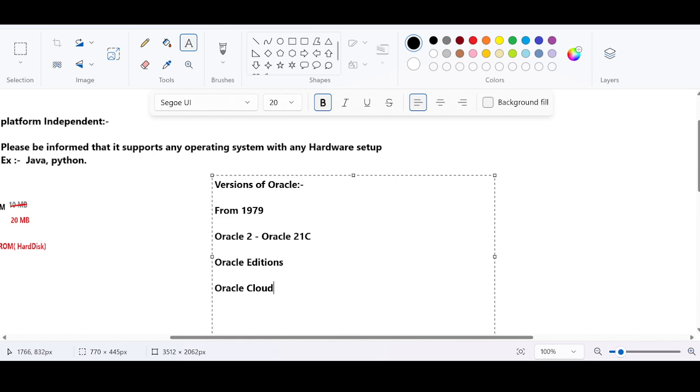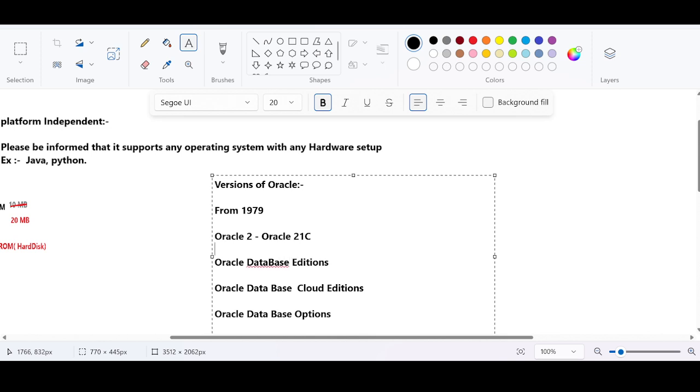Today we are going to get complete clarity about Oracle Cloud editions, what an Oracle edition is, and Oracle database options. You have Oracle database options, Oracle database cloud editions, Oracle versions, and after this Oracle database editions.